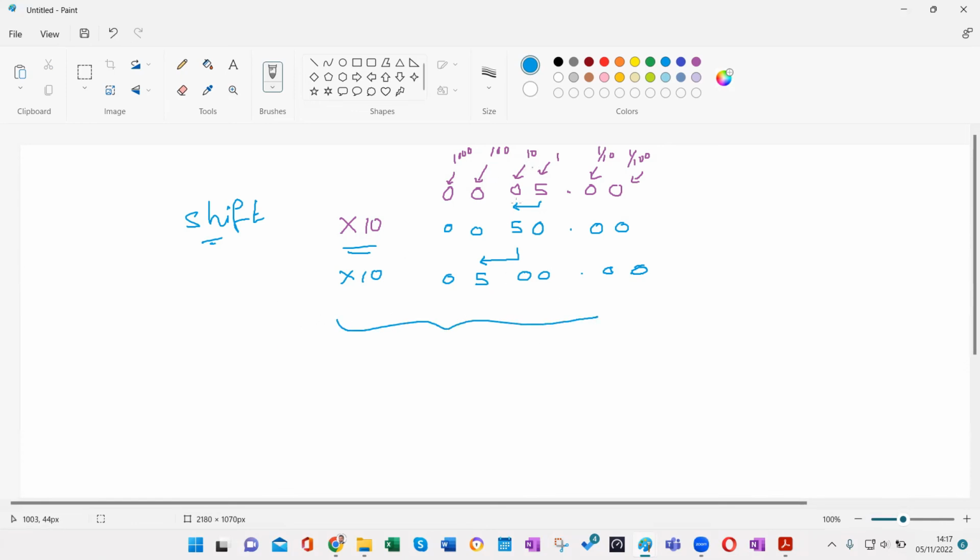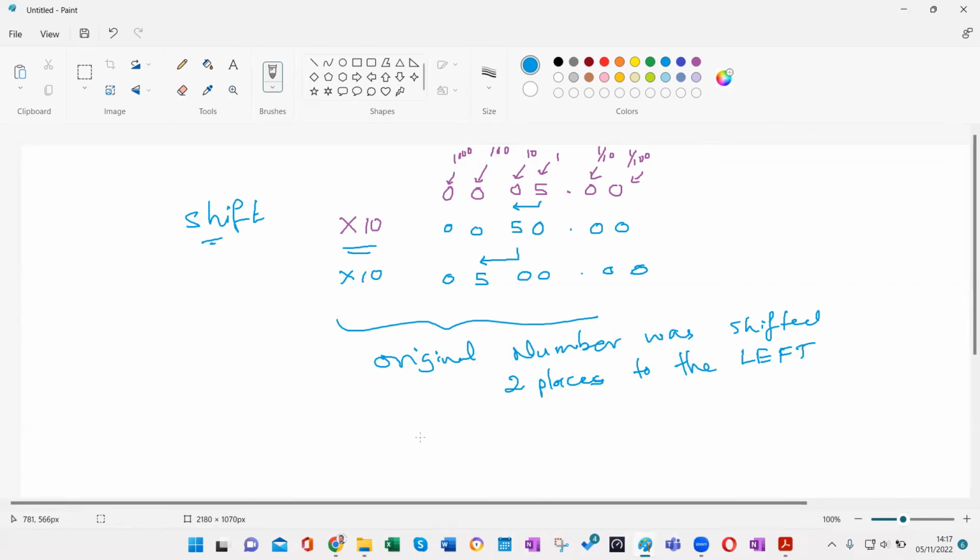The original number was shifted how many places? 2 places. To which side, left or right? To the left. The original number was shifted 2 places to the left.